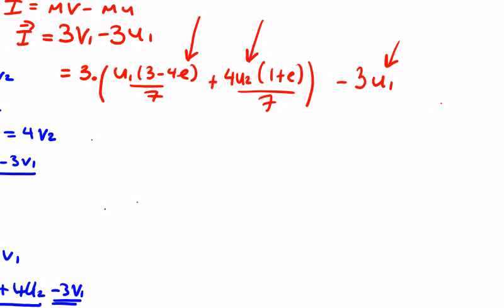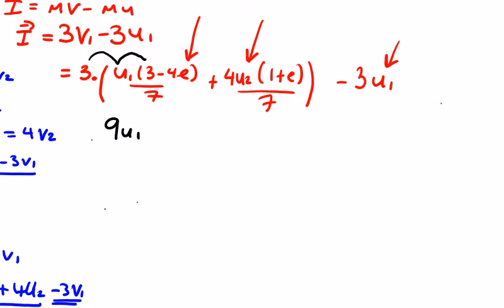Alright, let me change to black. So I'm going to multiply these out, where we have the same denominators here. What would be the easiest way? I think I'm just going to multiply them out. So I'm going to get 3 times u1 times 3, that's 9u1.